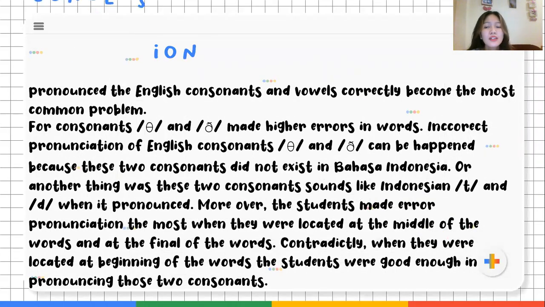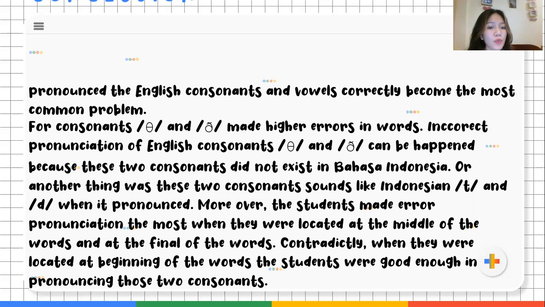All right, this is the conclusion of our topic. Pronouncing English consonants and vowels correctly is the most common problem. For the consonants θ and ð, students made a higher number of errors in words. Incorrect pronunciation of the English consonants θ and ð can happen because these two consonants do not exist in Bahasa Indonesia.